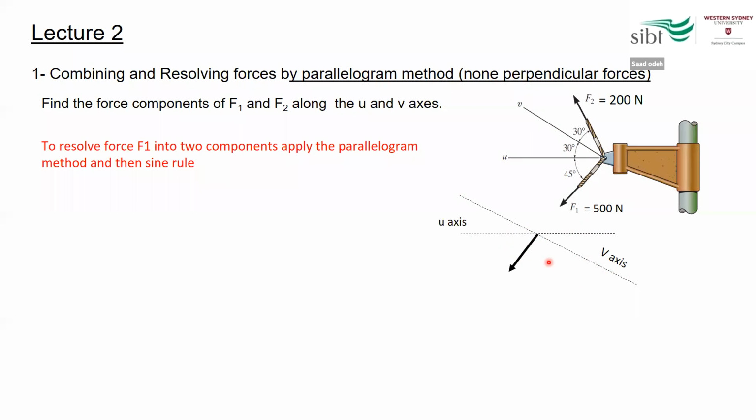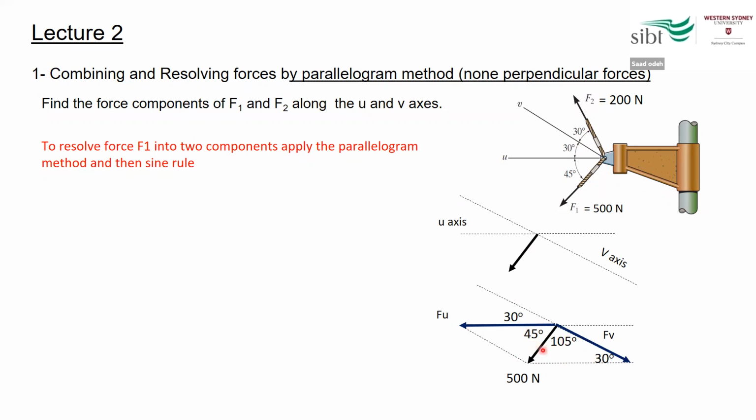As you can see here, the angle between the V-axis and U-axis is not 90 degrees. So in such a case, we can use what we call the parallelogram method. In this method, I just need to complete a parallelogram by extending the components along the V-axis and U-axis. If I complete the parallelogram here, I know all these angles from the main figure.